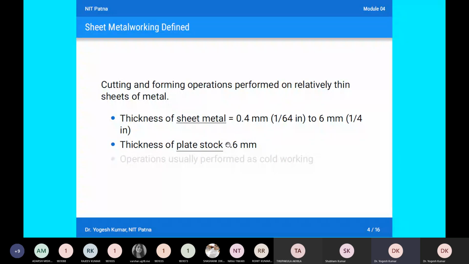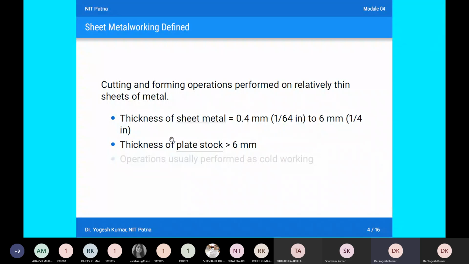Plate has a thickness of greater than 6 mm. So foil has a thickness less than 0.4 mm, and sheet has a thickness which varies from 0.4 mm to 6 mm. If the thickness is more than 6 mm, then the piece is called plate.